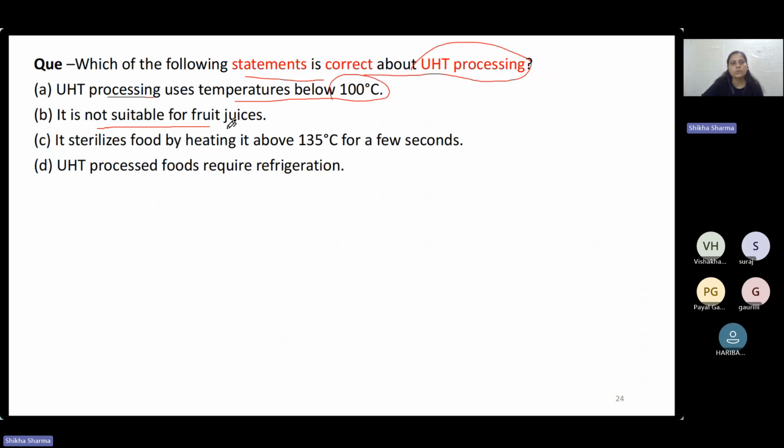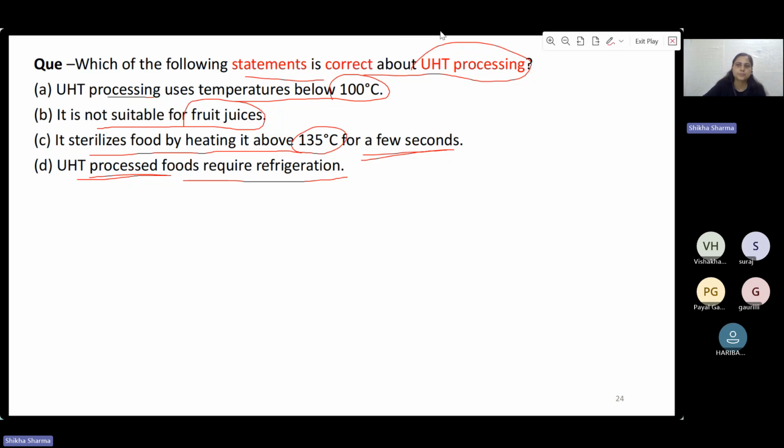B: it is not suitable for fruit juices. C: it sterilizes food by heating it above 135 degrees Celsius for a few seconds. And D: UHT processed food requires refrigeration. Which statement is correct?